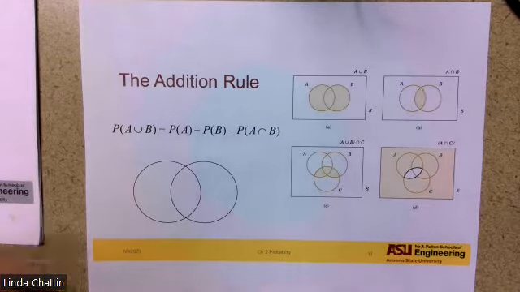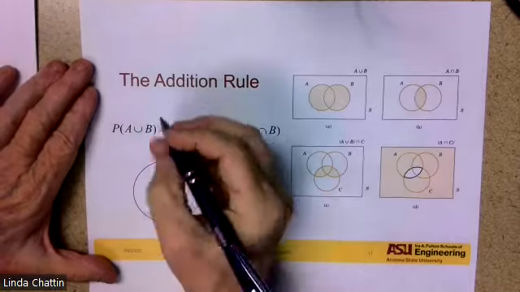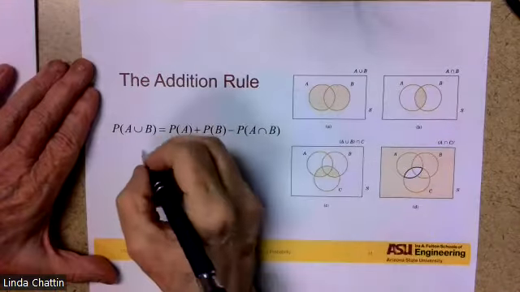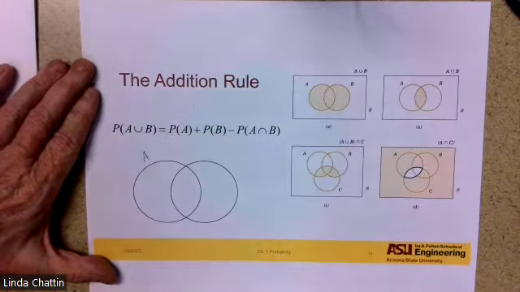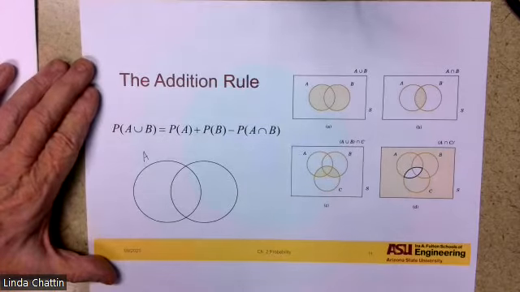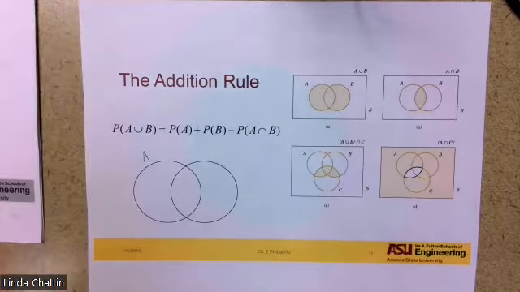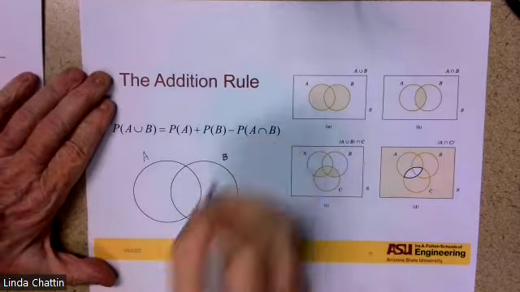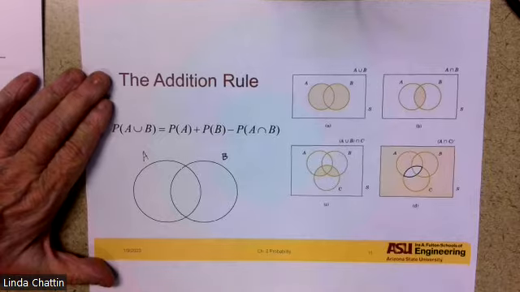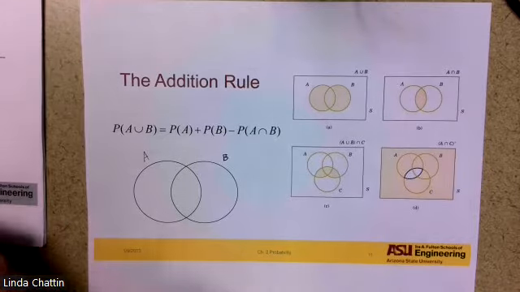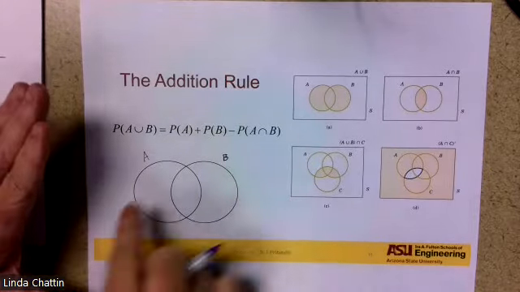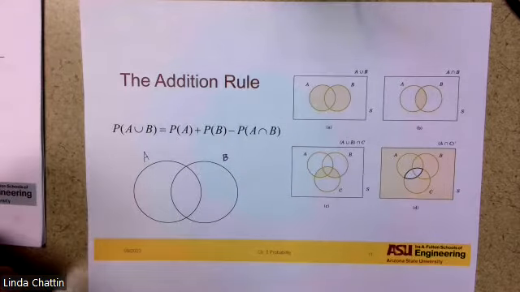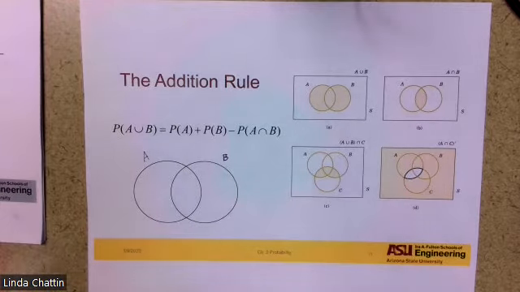So why is that? Suppose this left circle indicates event A. I'm going to use a different color here. And suppose the right circle indicates event B here in purple. If I want the probability of all of it together, let's shade that as yellow.